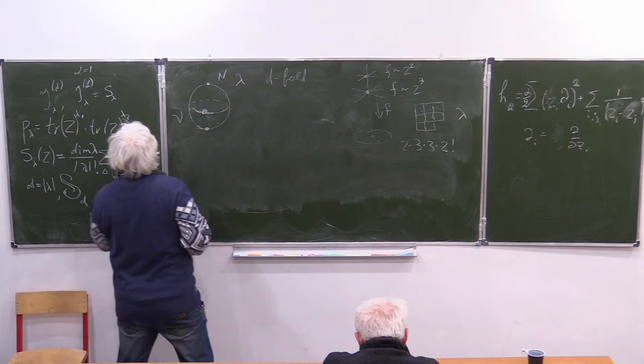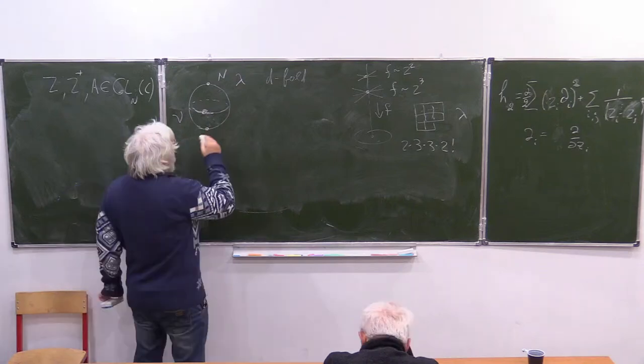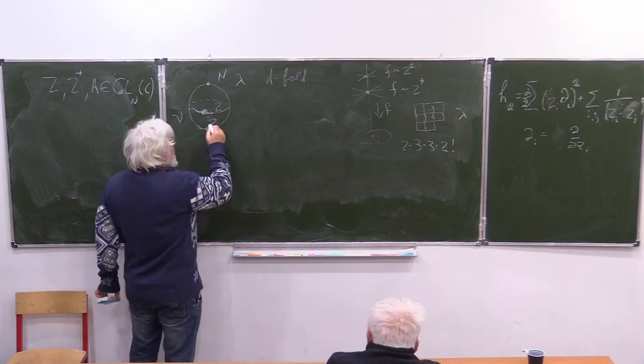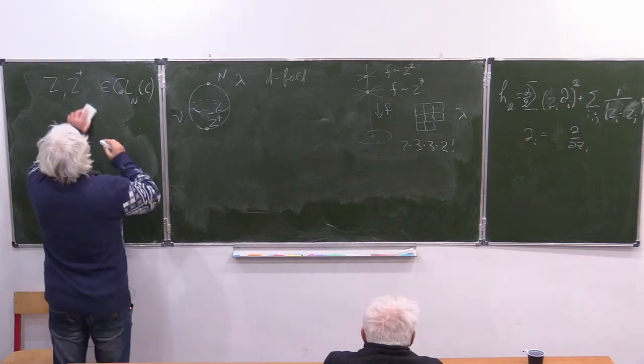Okay? And let us assign to this picture the following: to the sides of edges, we associate Z and Hermitian conjugated Z. Actually, let us consider two matrices A and B here.